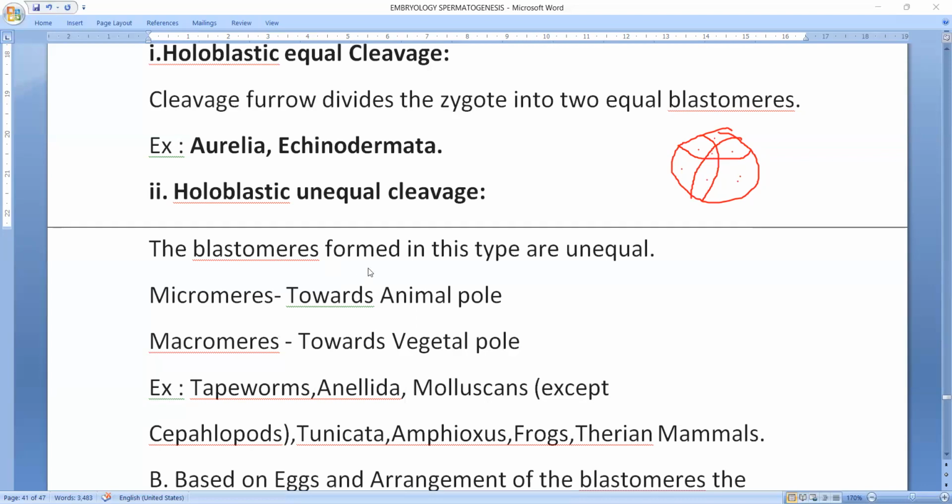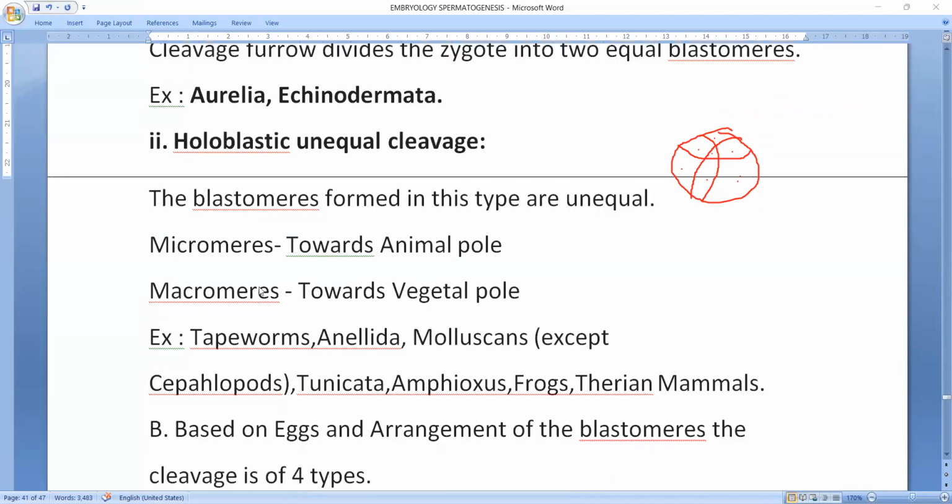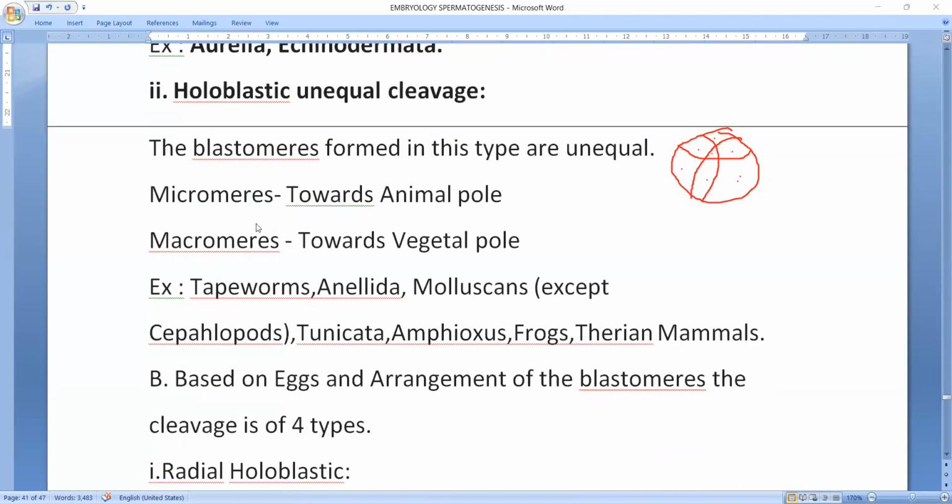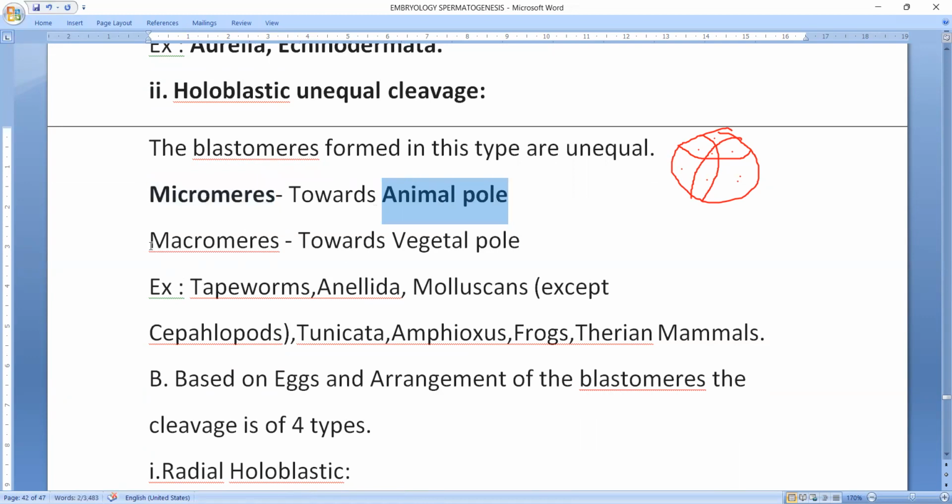So the blastomeres formed in this type are unequal. Two types of blastomeres are formed: micromeres, which are smaller, are generated towards the animal pole, and the bigger macromeres towards the vegetal pole.